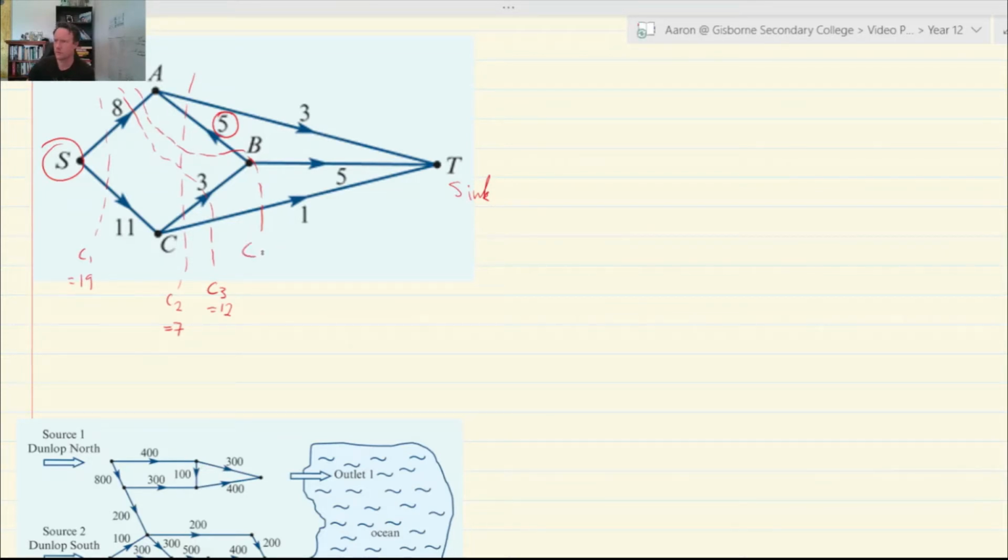That's cut 4, and cut 4 equals 1, we've got a 5 there, so that's 6, and that's 14. Again, we're not counting this 5 up from B to A. I'm counting the 5 from B to T.